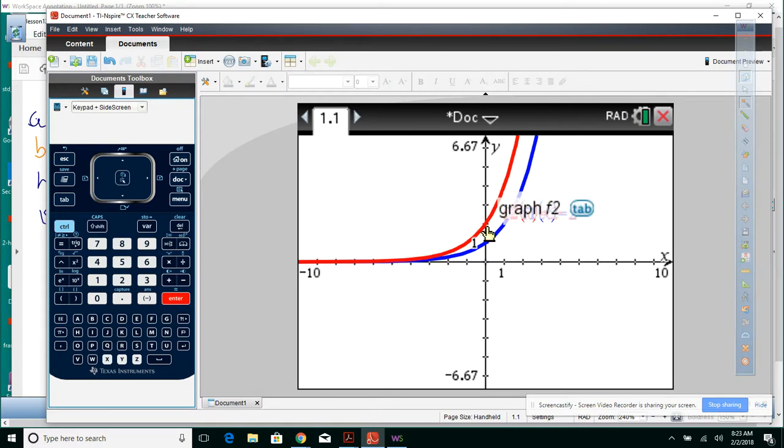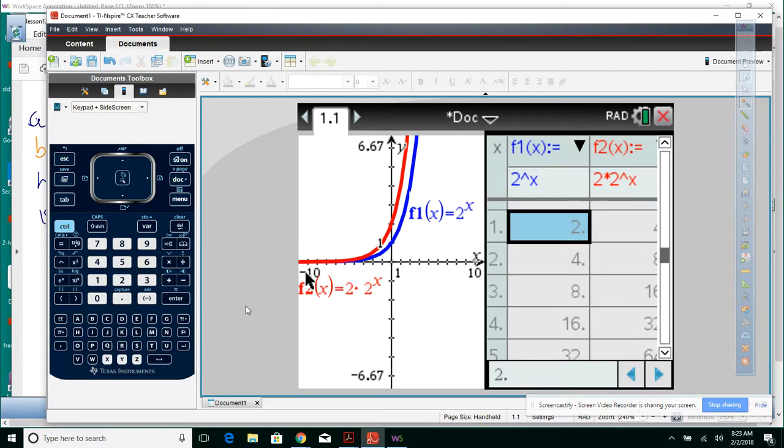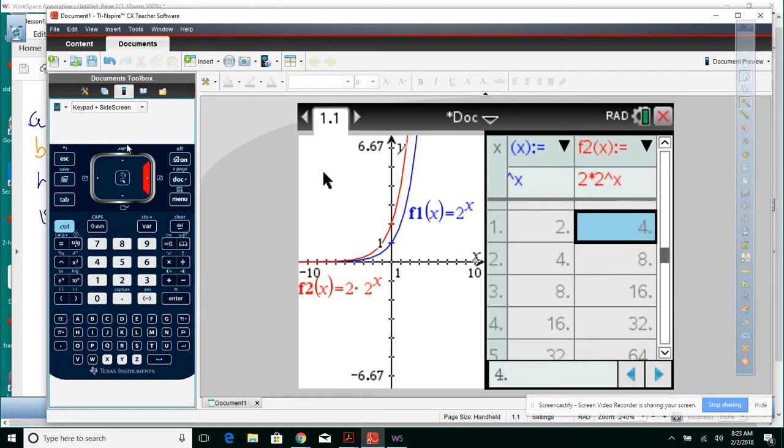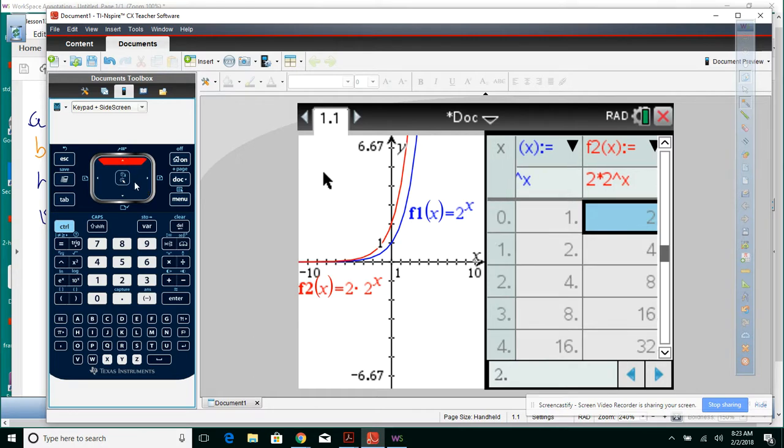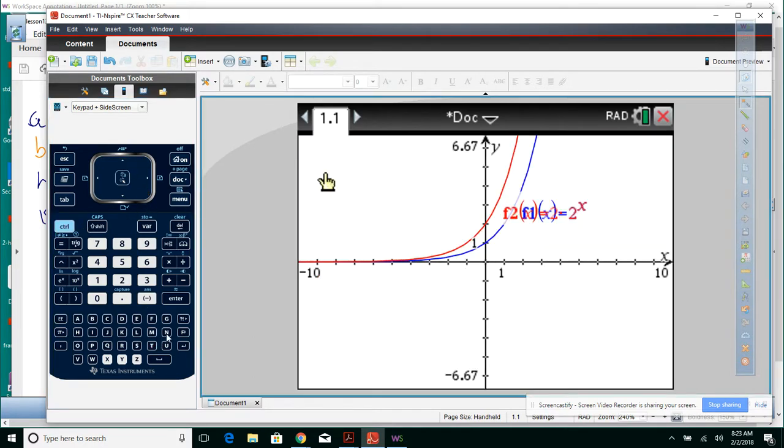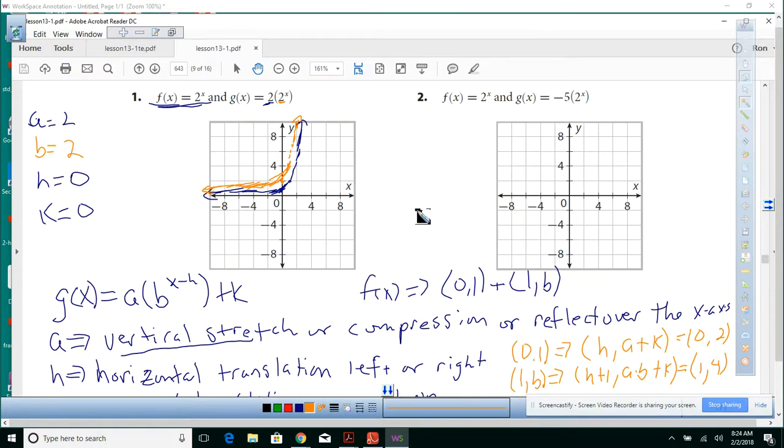We had 0, 2, and 1, 4. Let's see if that works out. Control T. So 1, 4 works out, and 0, 2 works out. So there you go. It works. So that's 1. Let's try 2.